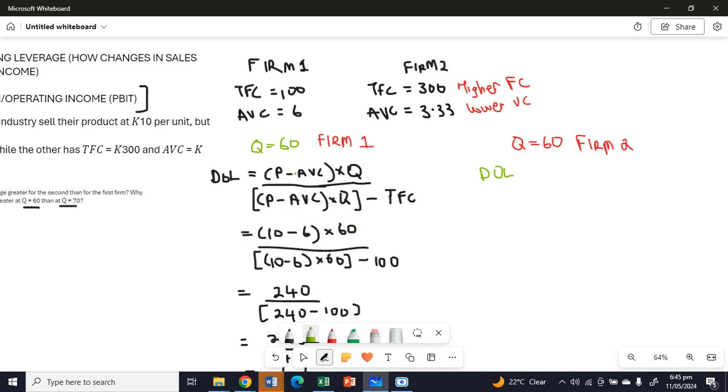Using this same formula here, our selling price per unit is 10 kwacha. Our average variable cost per unit is 3.3 kwacha, multiplied by our quantity, which is 60.